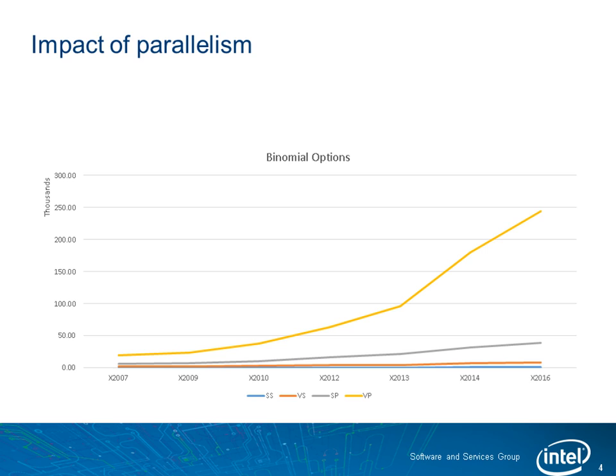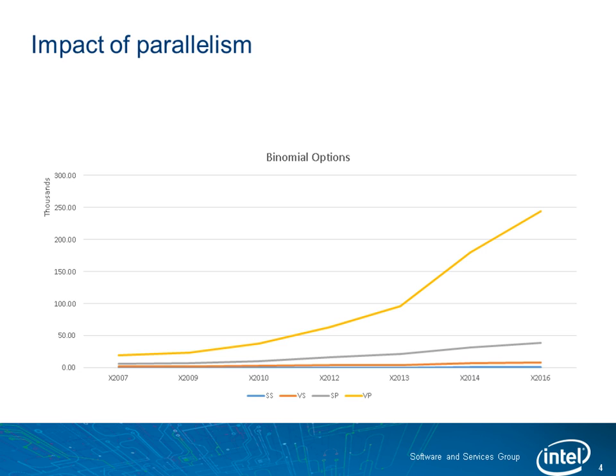So from 2007 till a few weeks ago, when we introduced the most recent, codename Broadwell, Xeon server. All of these are measured on the dual socket configuration, and the four lines are four different ways of running the algorithm, where the bottom blue line is single-threaded and scalar.